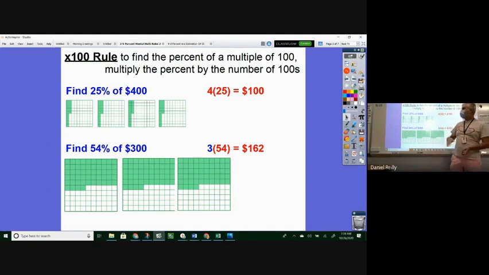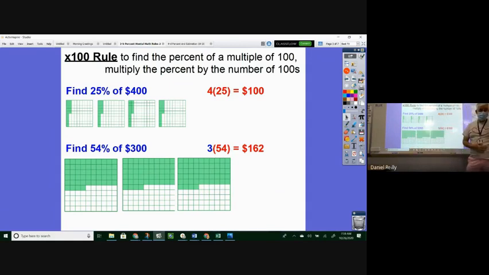So if the number you're getting a percent of is a multiple of 100, you just multiply that percent by however many hundreds it is. So 25% of 400 is $100, because 25% of 100 is 25, and 25 times 4 is 100. Probably not the best example.